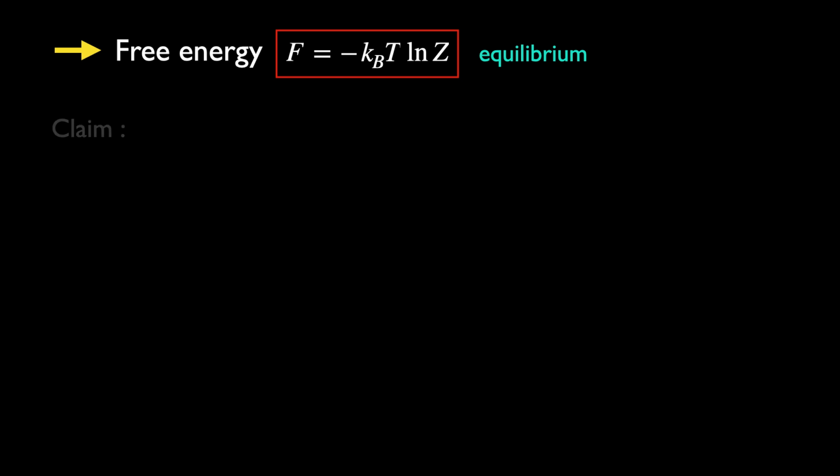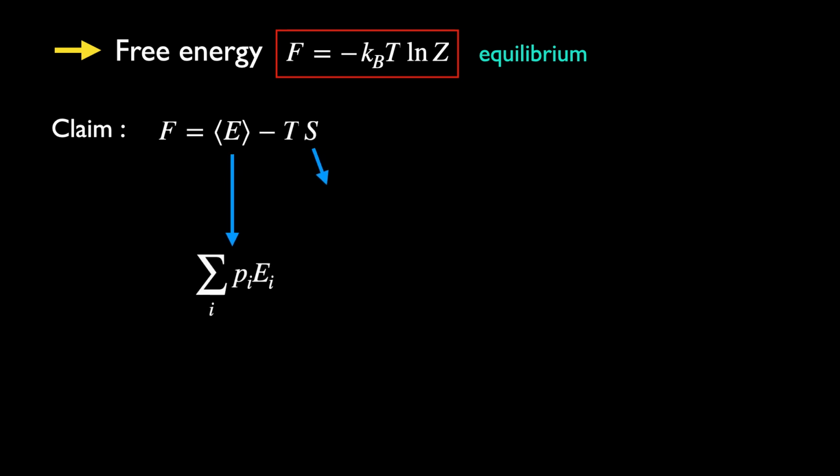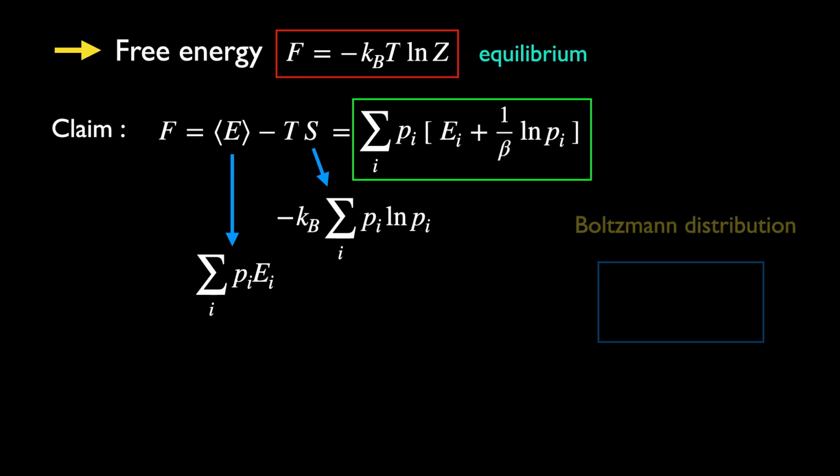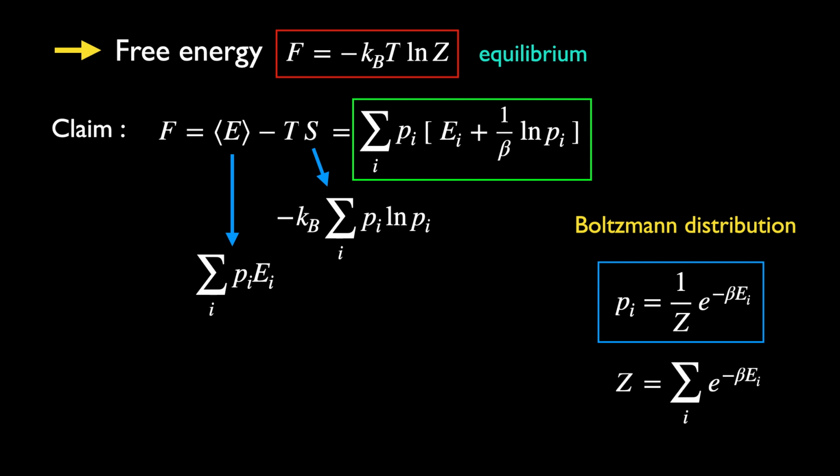We now claim that the expression for F in the red box can also be written as the average energy minus T times S, the Gibbs entropy. This is under thermal equilibrium, so the probability is given by the Boltzmann distribution.